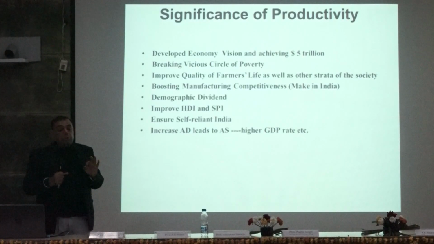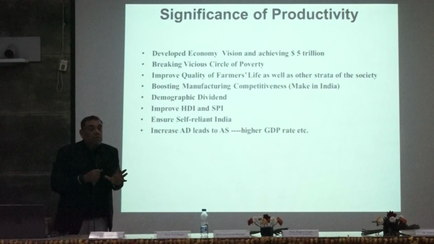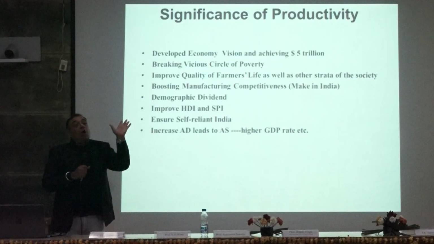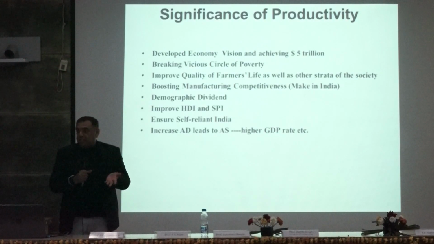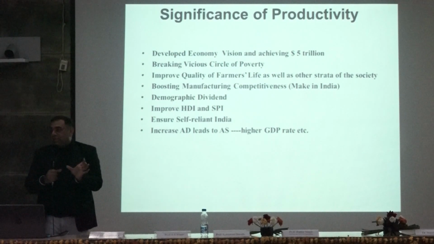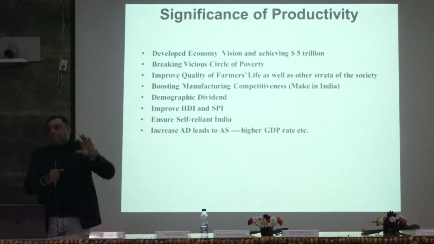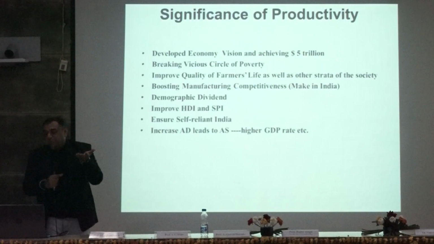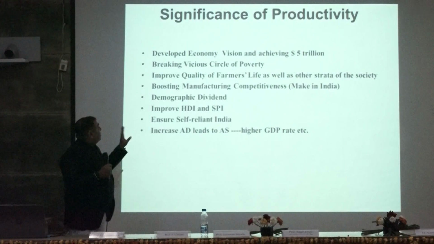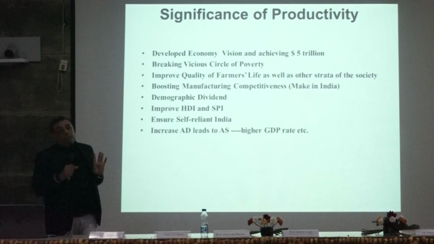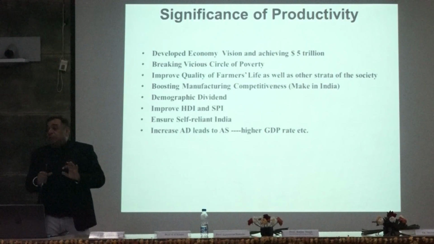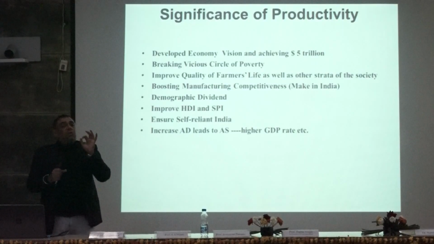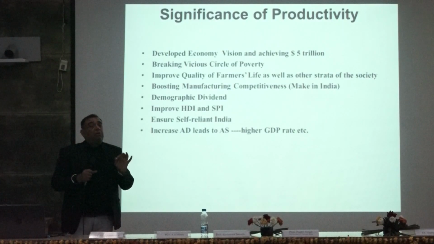Now the government is focusing on achieving a 5 trillion economy. So don't you think that means we want to increase the production output? So we need to increase our productivity at least. Because suppose you have limited input and you want to increase the output, then you need to increase your productivity. So the first thing is that if India wants to become a developed economy, then we need to focus on the productivity level, the productivity of each and every aspect, the labor.